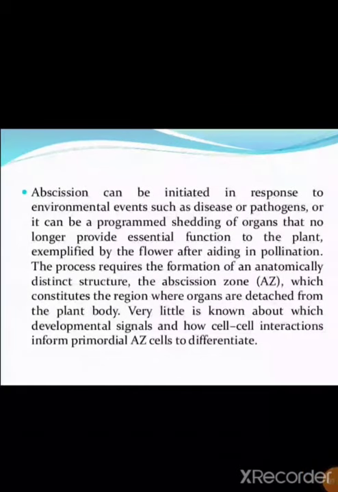Abscission can be initiated in response to environmental events such as disease or pathogens, or it can be programmed shedding of organs that no longer provide an essential function for the plant.